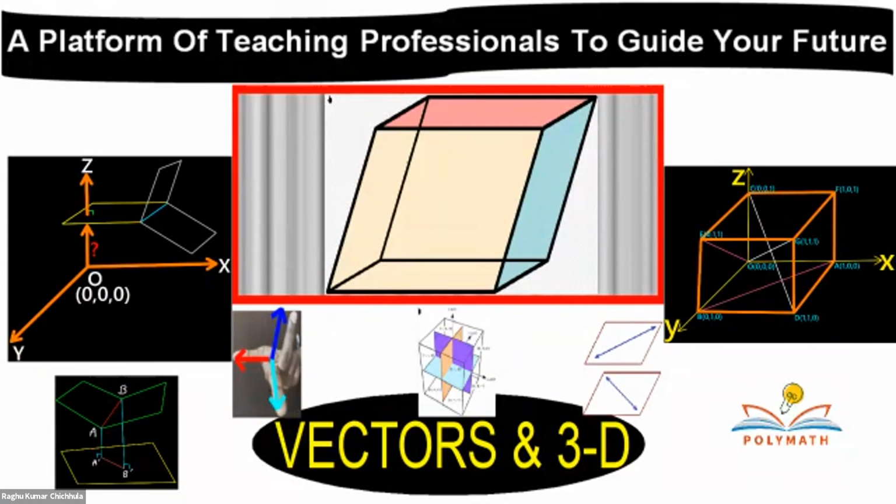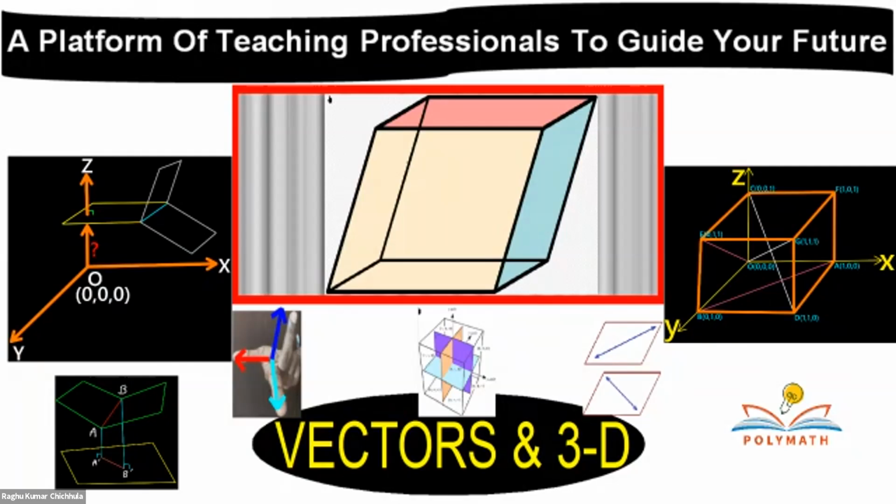If you see the right-hand side diagram, that is the first octant. Similarly, adjacent to this one, adjacent to that one more, adjacent to that one more, and below 4, above 4, below 4. Totally 8 will be there.